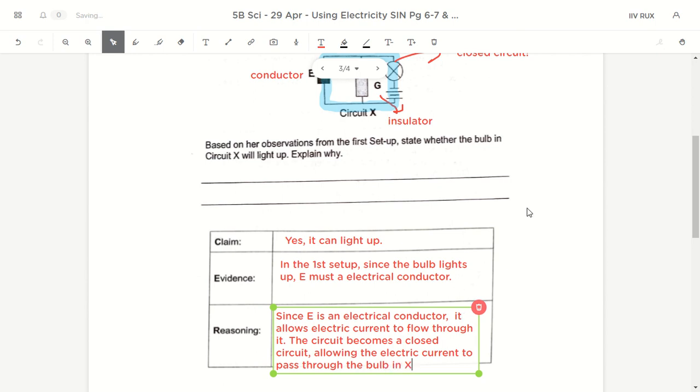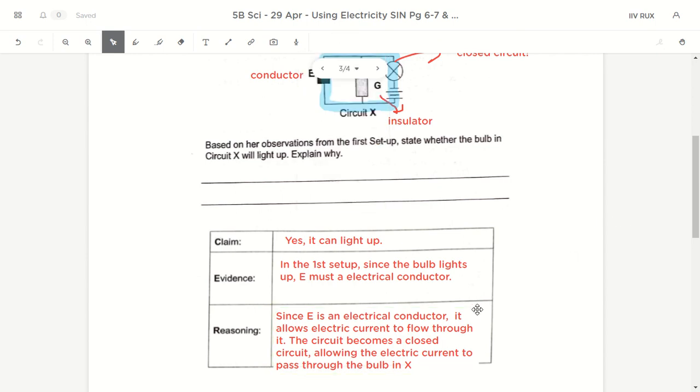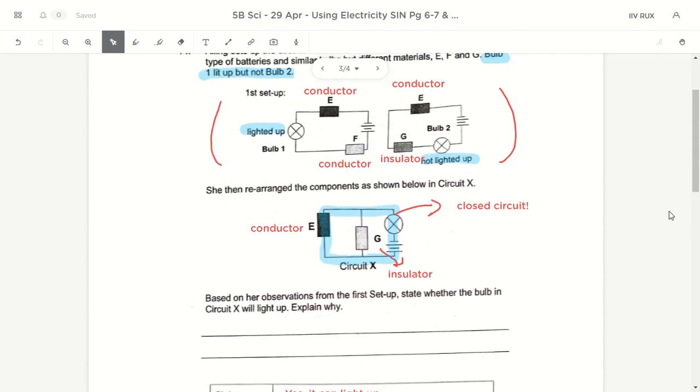Okay, so it's pretty long, so let's try to digest it first. From on top we know that E is an electrical conductor, and once we know E is an electrical conductor here, it must be an electrical conductor also here. So yes, G is the insulator, but in order for the bulb to light up, as long as the electric current can flow through it, as long as it is a closed circuit, it can work.